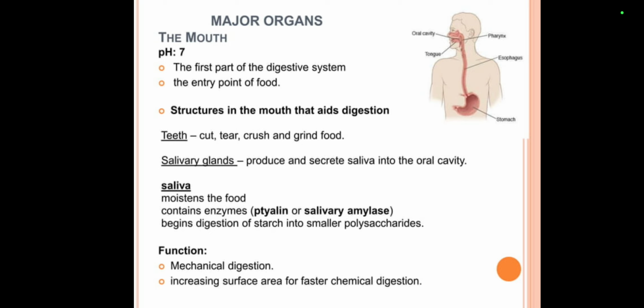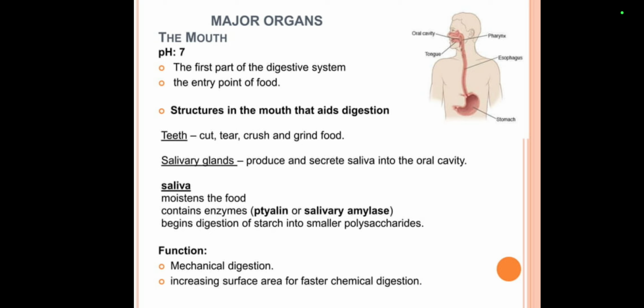Polysaccharide is a major classification of carbohydrates. When we say polysaccharide, it is ten or more sugars present in a food. That's why it belongs to carbohydrates, one of the macromolecules in our body. Saliva is very important because it can digest starch, and starch is a good example of a polysaccharide.